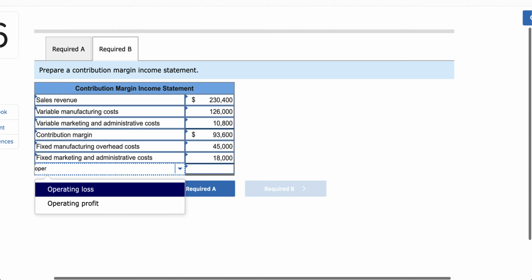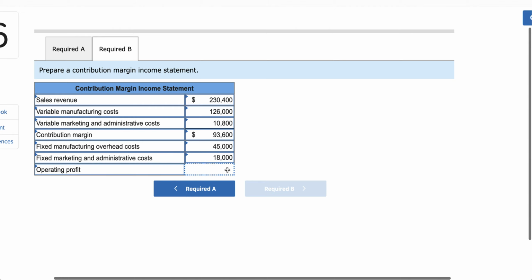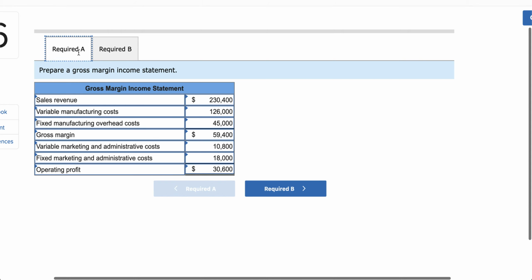This gives us an operating profit of the same exact amount, $30,600.